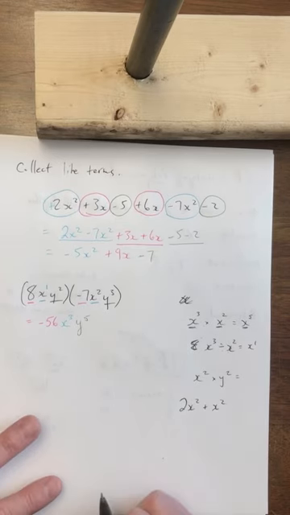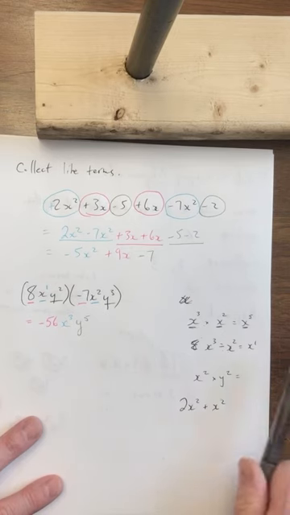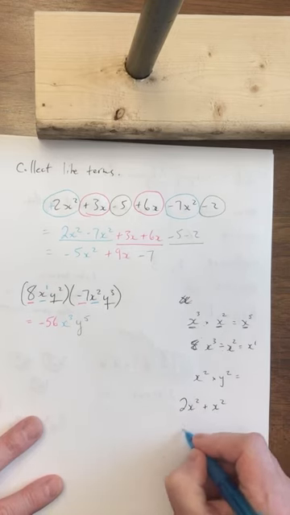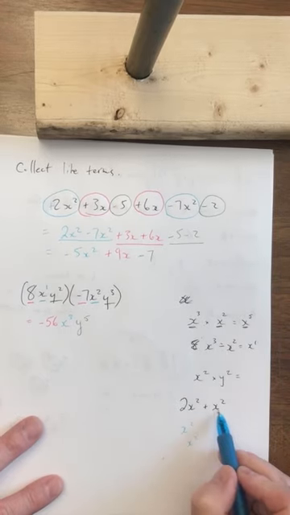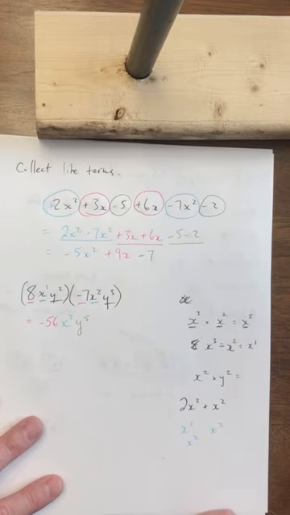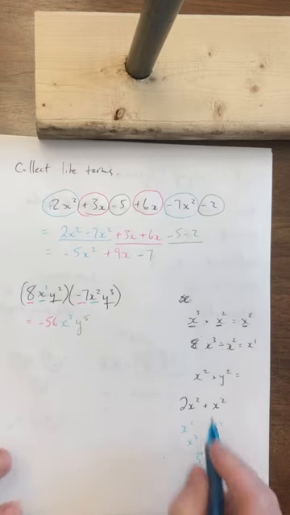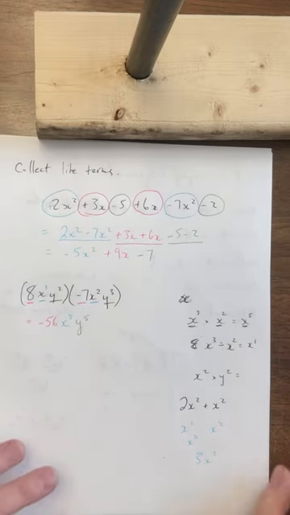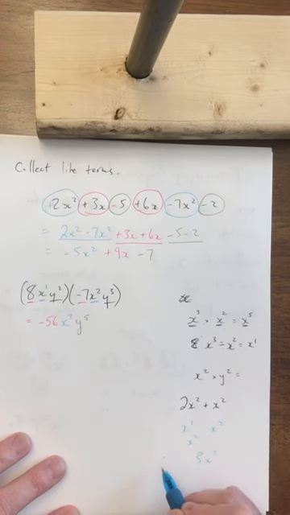We are not adding exponents. Really what this is saying is, if I could draw this out for you, we have 2 x squareds, and if we add to it another x squared, what do we have? Well, we have 1, 2, 3 x squareds now. So when you're adding or subtracting, you are literally just adding the coefficients.